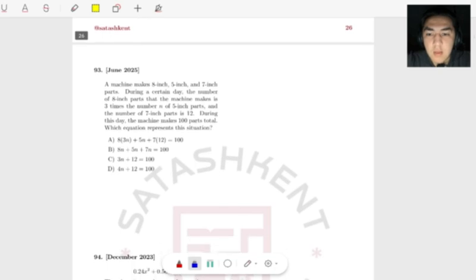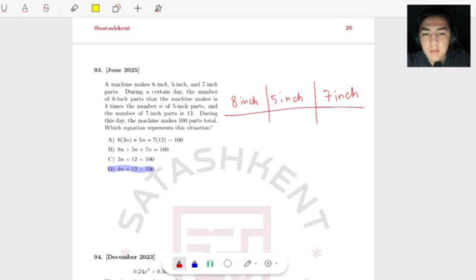So then the answer is gonna be, guys, D here again. Why? Because look, here you're given 8-inch, 5-inch, and 7-inch. And again, 5 inches n, 8 inches 3n, this is 12. The total is again 100. So 4n plus 12 is 100.